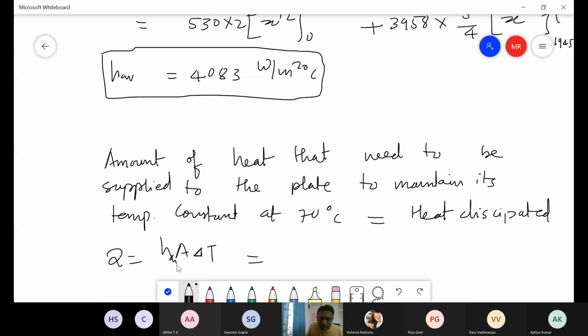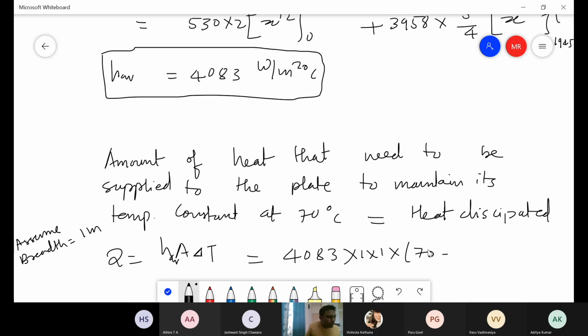So this becomes 4083 into area. The length is given, and let's assume the breadth is also 1 meter. So this becomes 1, into delta T, which is 70 minus the ambient temperature, 25, correct.